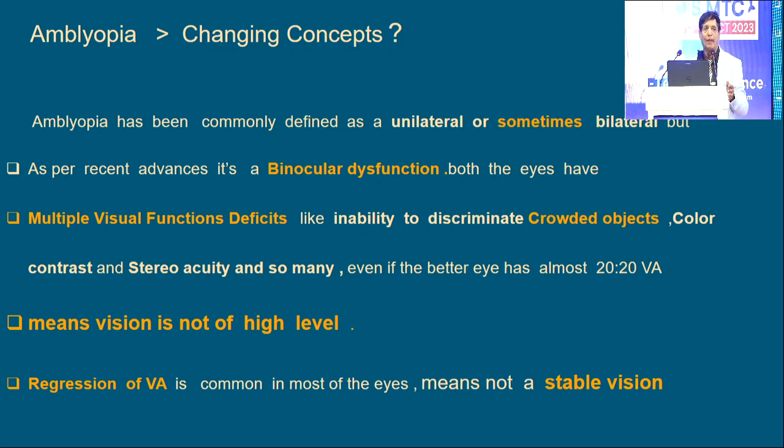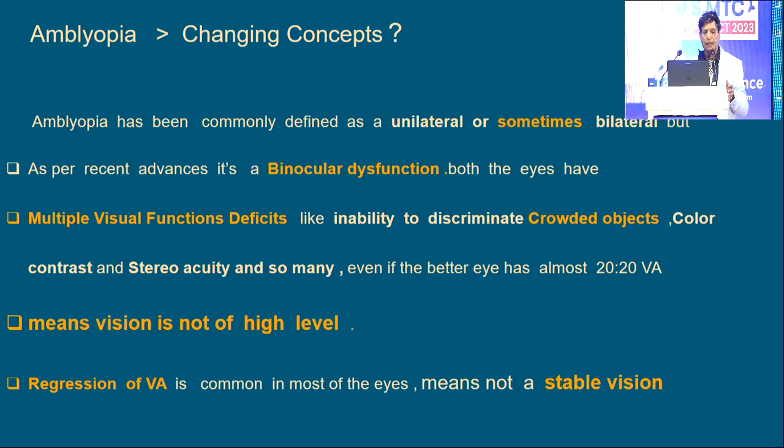Let us come back to the definitions of amblyopia. They are continuously changing. There are changing concepts for amblyopia. We were taught, and it is also given in the textbooks, that amblyopia is a unilateral or bilateral disorder.